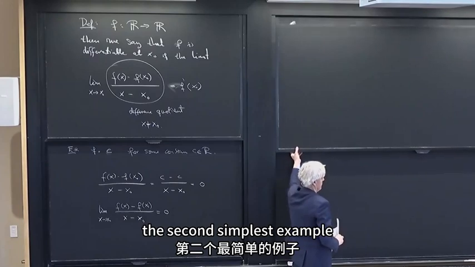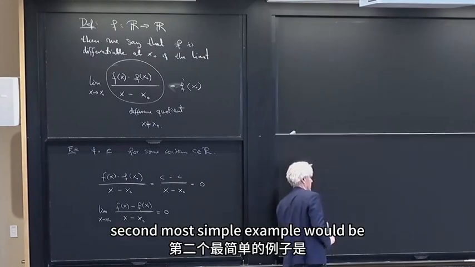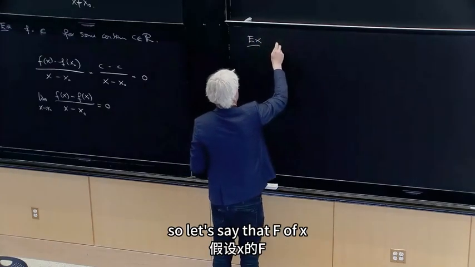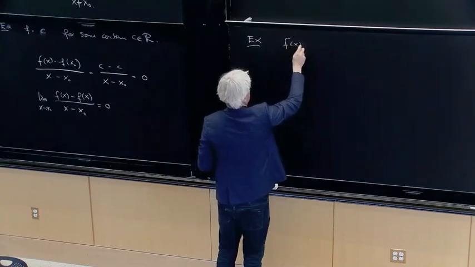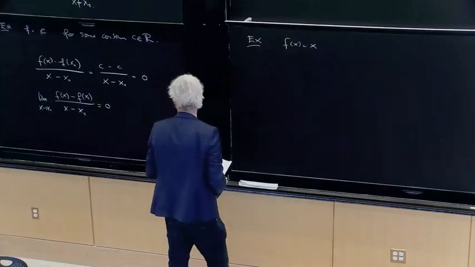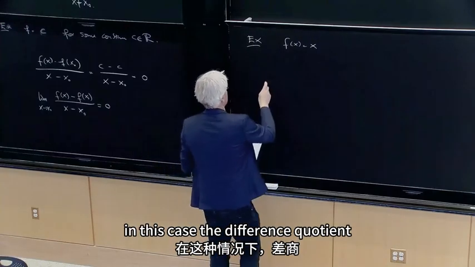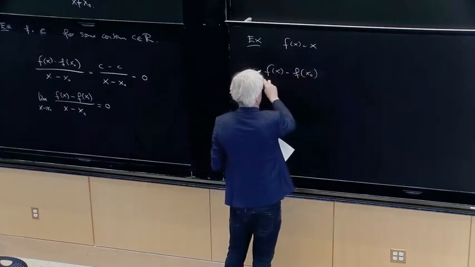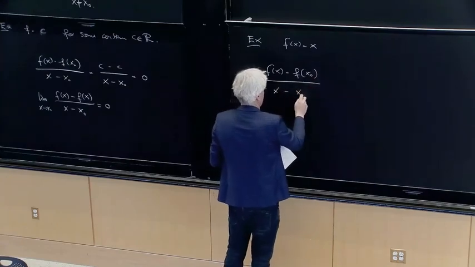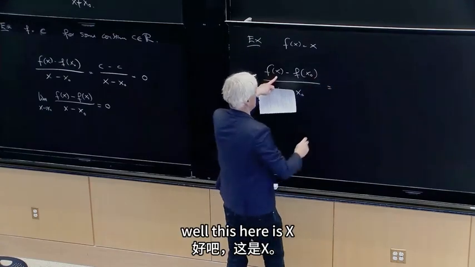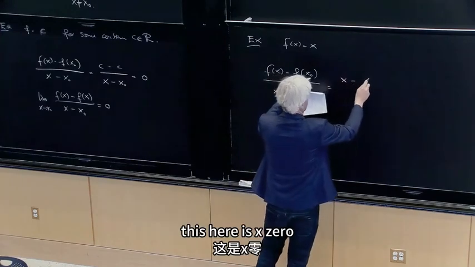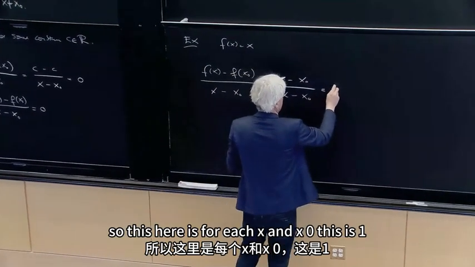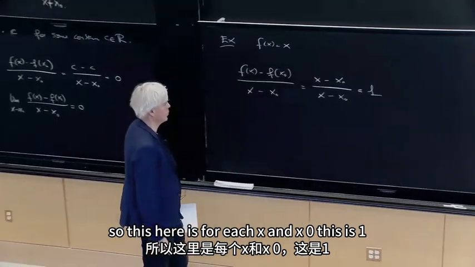The second most simple example would be that you're looking at a linear function. So let's say that f of x is equal to x. In this case, the difference quotient, well, this here is x, this here is x0. So for each x and x0, this is 1.